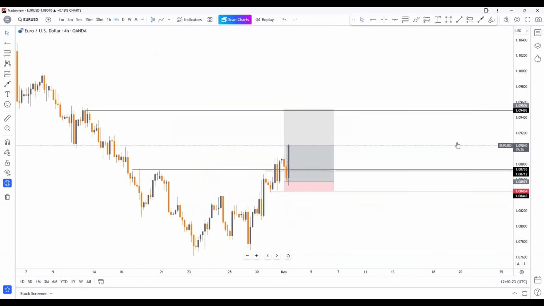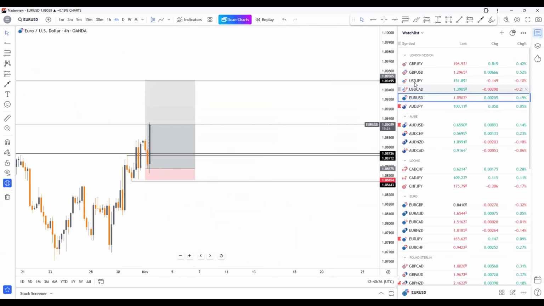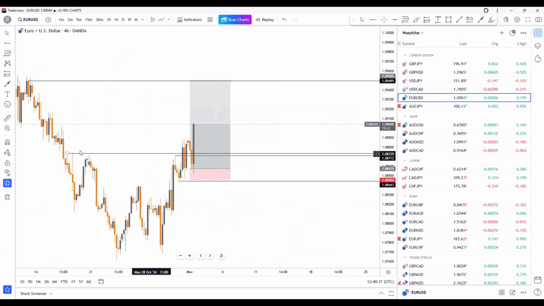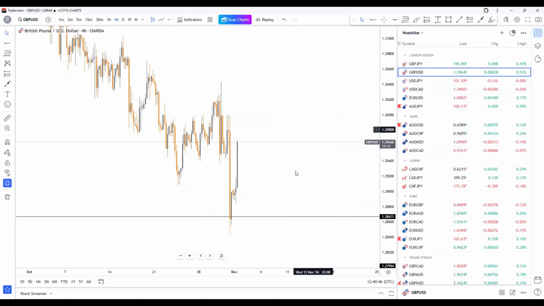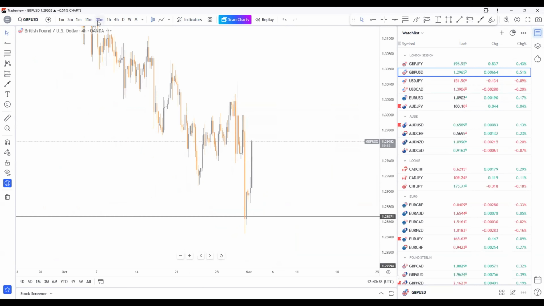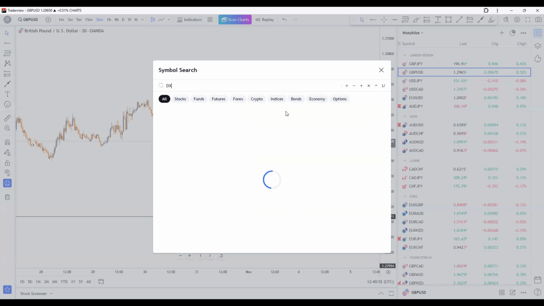You can bank some amount of pips by analyzing the price, I mean the chart only. So let us see GBPUSD. Also, we did some analysis, but this was way more clear to do as you reference on. Yeah, we can clearly see we had the push to the upside. Simple. And let us see DXY.